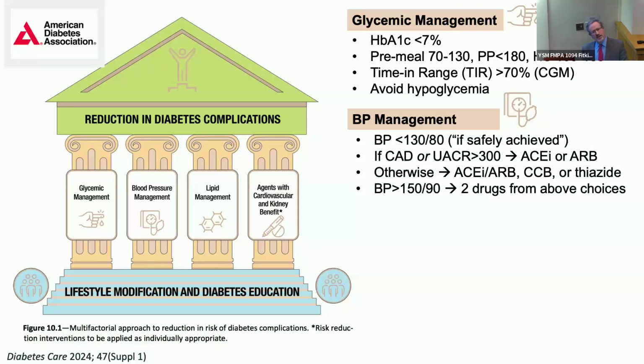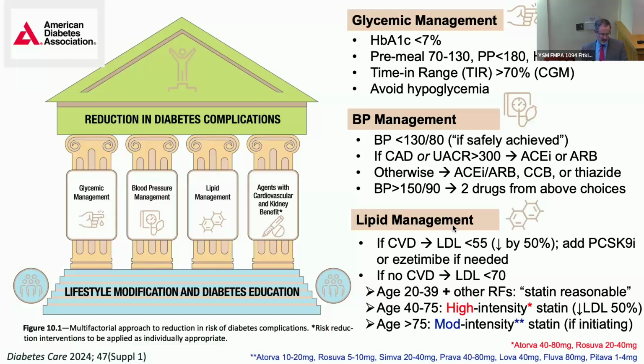If you have CVD or if you have albuminuria, we start with a RAS blocker, but we can use in other patients either a RAS blocker or a calcium blocker or even a thiazide. And for lipids now, if there's no cardiovascular disease, the target is less than 70. And these are recommendations that are harmonized between ADA and the American College of Cardiology, the ACC as well.